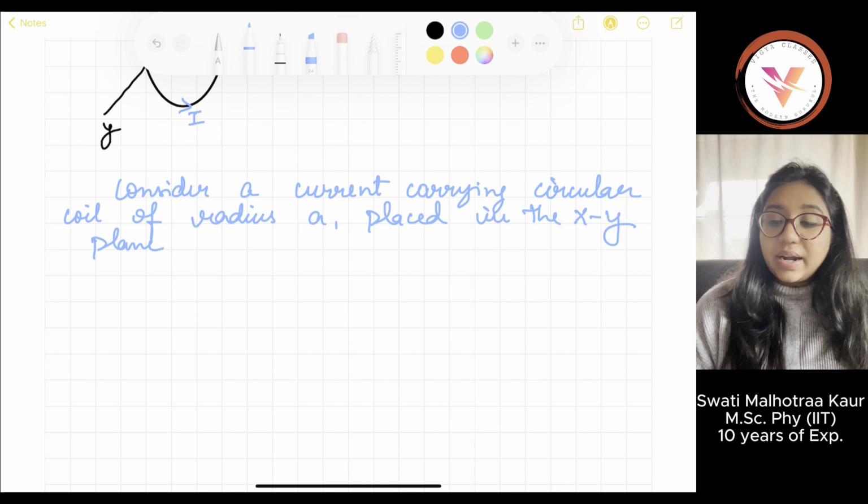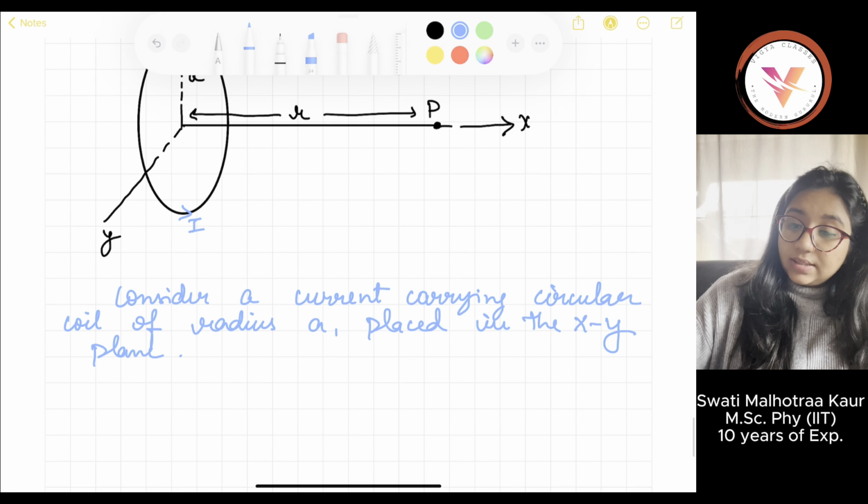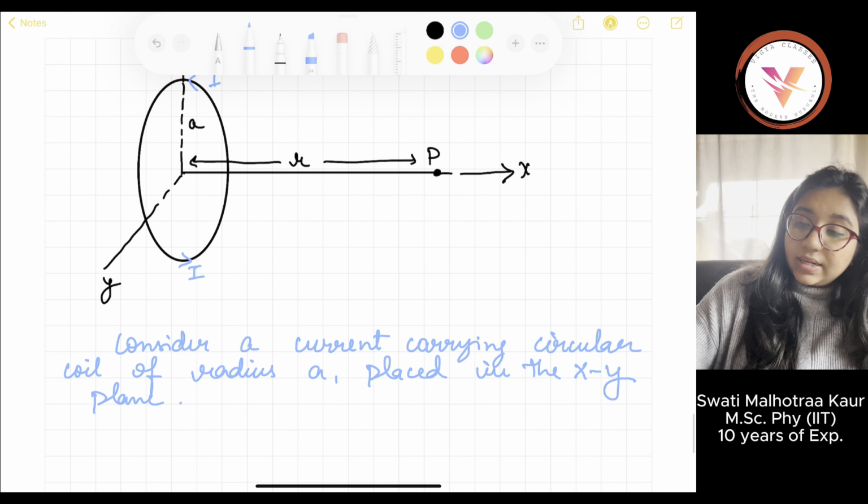Now the magnetic field is to be found at a distance r on the z axis. This is not x, this is the z axis.